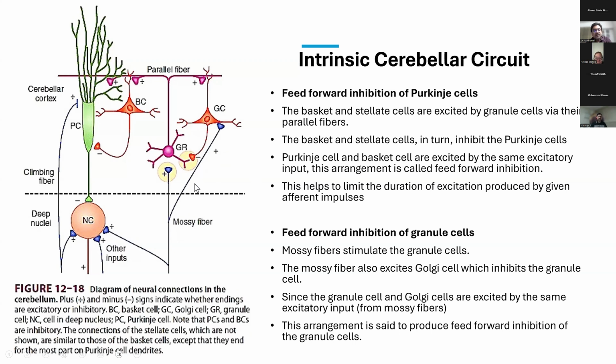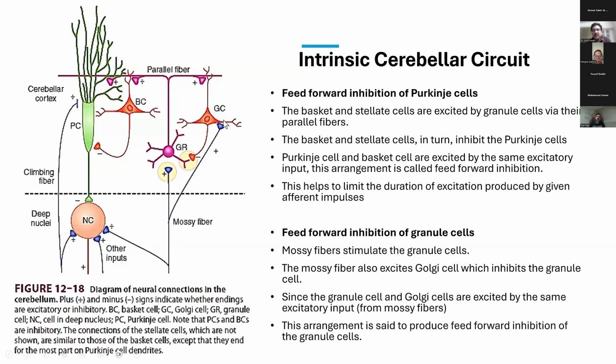In return, this positive excitatory input towards the Golgi cell results in a negative input from the Golgi cell to the granule cells. So the excitatory input is one. It is causing excitation at this level, and similarly in return, this Golgi cell is giving a negative inhibitory signal to the granule cell.